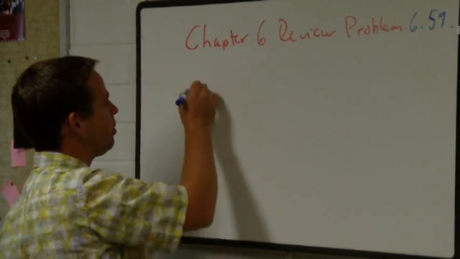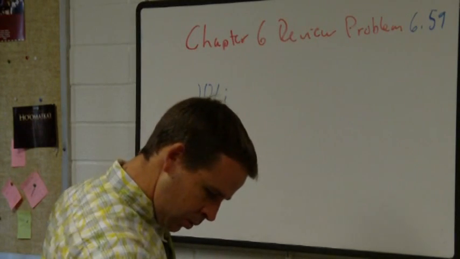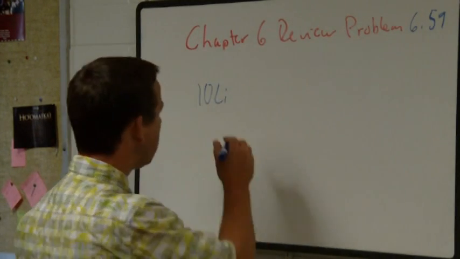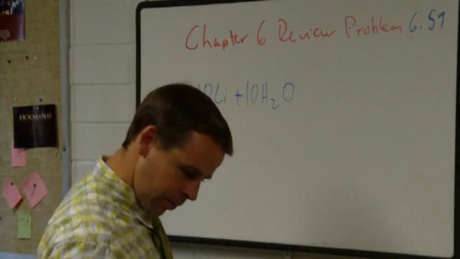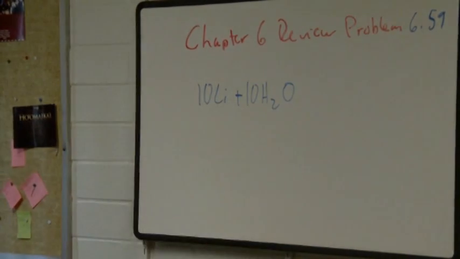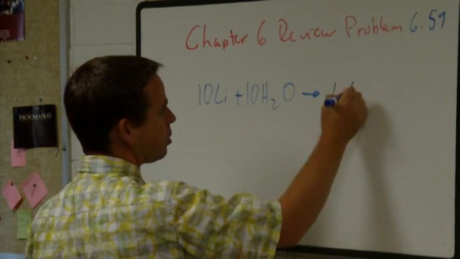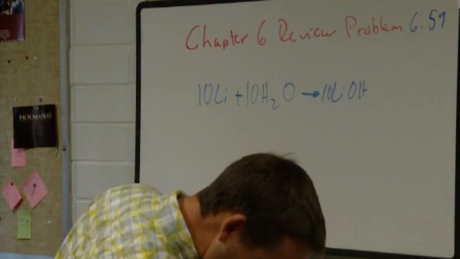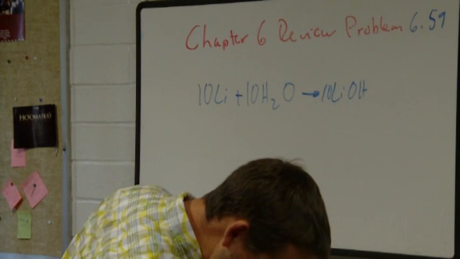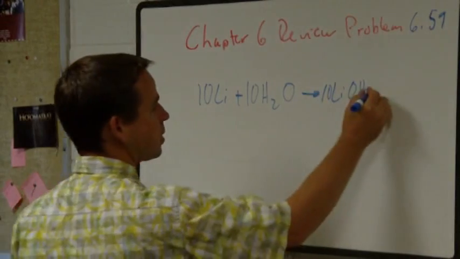All right, so we have 10 lithiums coming together with 1, 2, 3, 4, 5, 6, 7, 8, 9, 10 waters. The product is lithium hydroxide. So we're going to have 10. I didn't count them, but we have to have 10, right? 1, 2, 3, 4, 5, 6, 7, 8, 9, 10. And hydrogen gas.